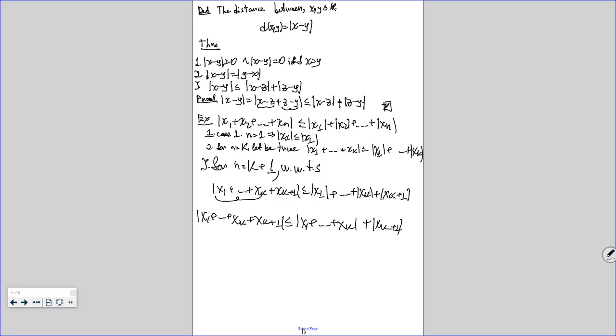But from the previous step, we know that we can represent this as the individual sum of absolute values. And we prove that for any n, the absolute value of the sum of numbers is less than or equal to the sum of the individual absolute values.